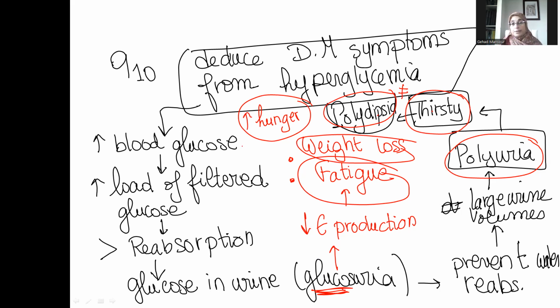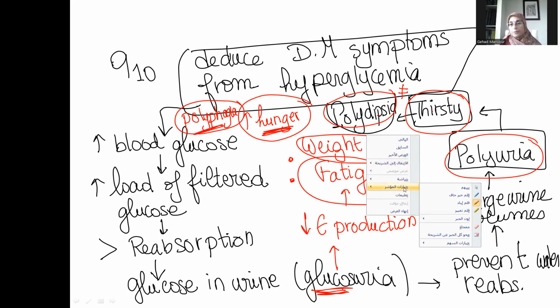Because when you are excessively hungry, you will eat a lot, and this is what we call polyphagia. So we have added two symptoms, the continuous hunger and the polyphagia. And sometimes the continuous thirst and the continuous hunger are the symptoms that first indicate that the patient is diabetic.